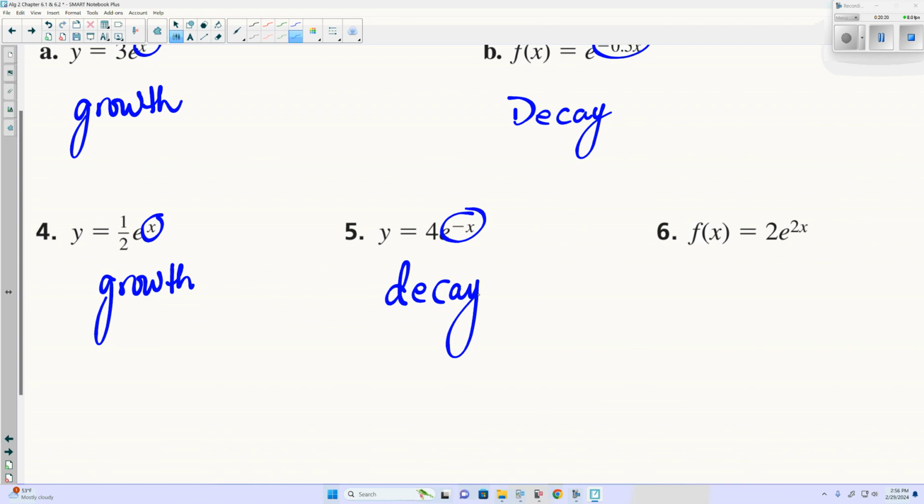And the last one, the exponent is positive or negative? Positive, so it would be growth. It doesn't matter what numbers are in front of it in the exponent, because it could be negative 2x in the exponent, it's still decay.